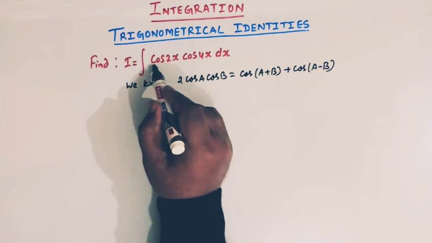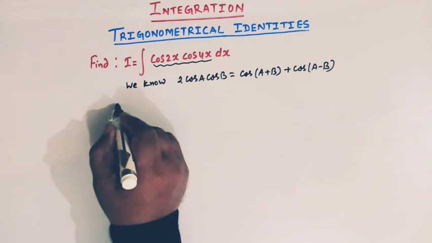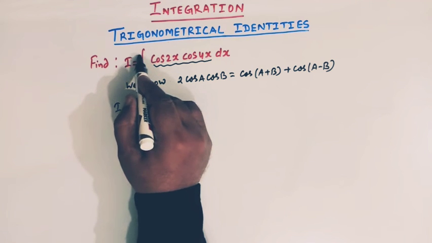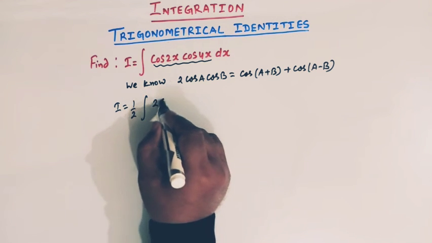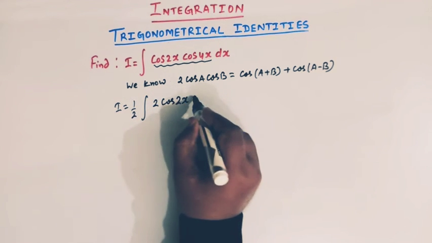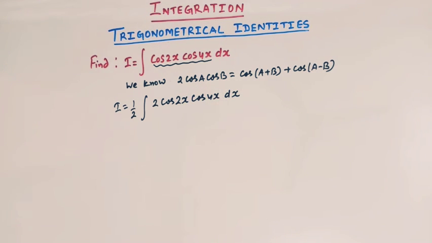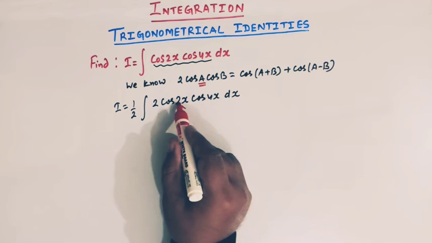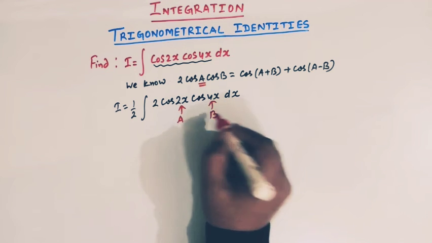Now here we can write I, and again we'll multiply it by 2 and divide it by 2. So we get half integral 2 cos 2x cos 4x dx, right? Now for this angle a we can take 2x, and for b we can take 4x.